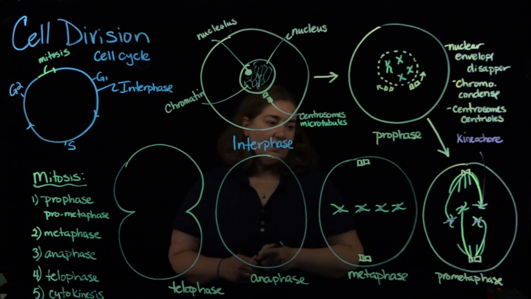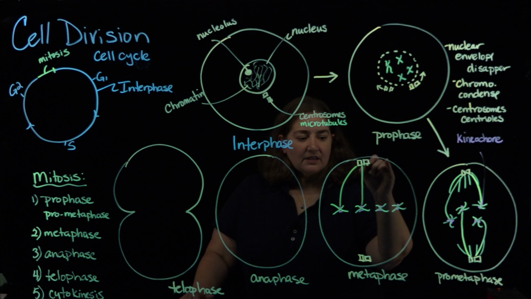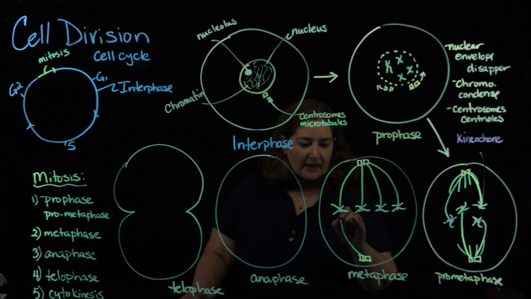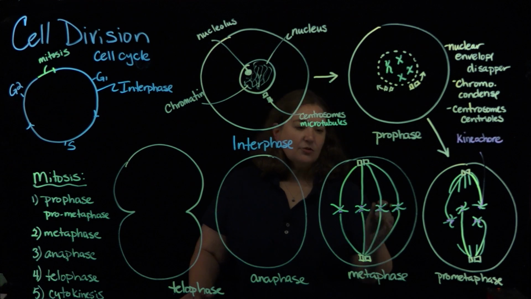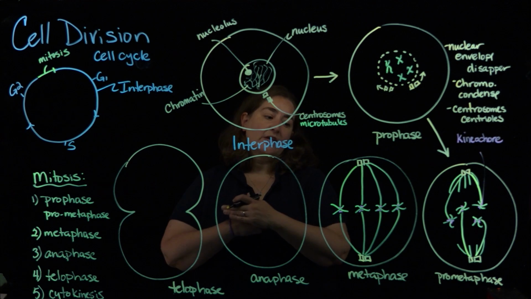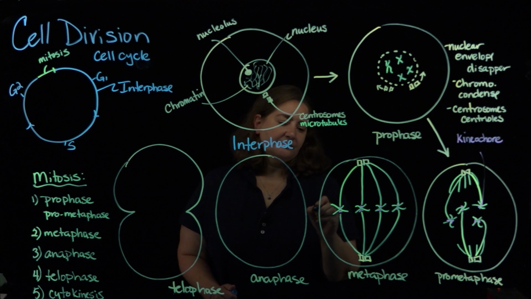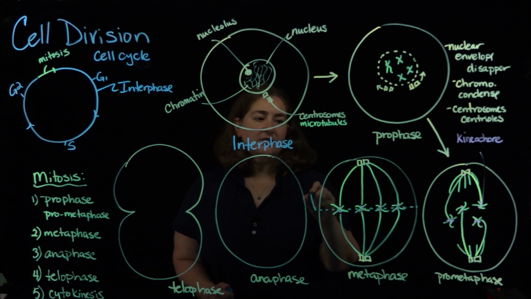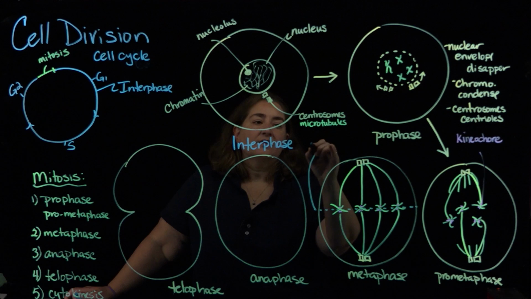And we've got microtubules that are going to attach to each of the kinetochores. Essentially, how that cell finds the middle is those microtubules are going to be of equal length. I'm going to draw this as a dotted line, because really this is an imaginary line. It's not an actual structure in the cell.